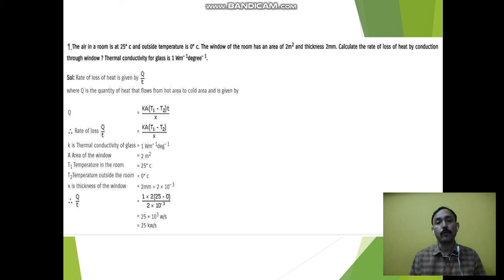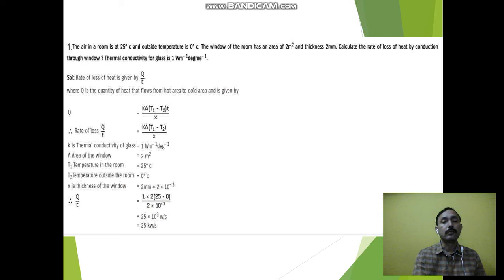The rate of loss is Q by t, so Q by t is equal to K A (T1 minus T2) by x. Putting in these values, the thermal conductivity of glass is given as 1, into A which is 2 meter square, into (25 minus 0), by its thickness x, 2 into 10 to the power minus 3 meter.